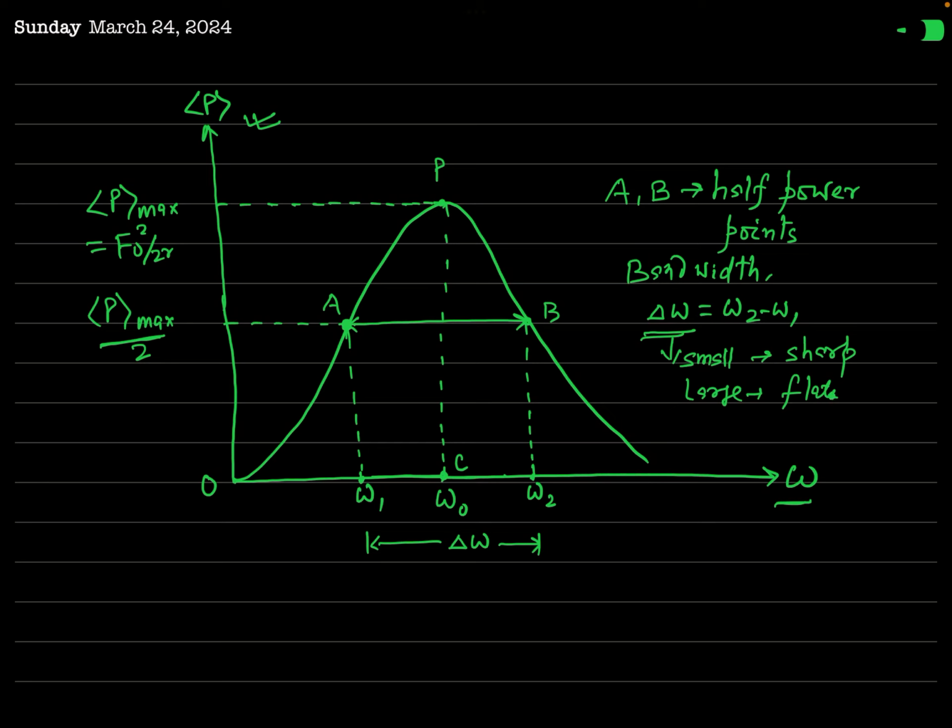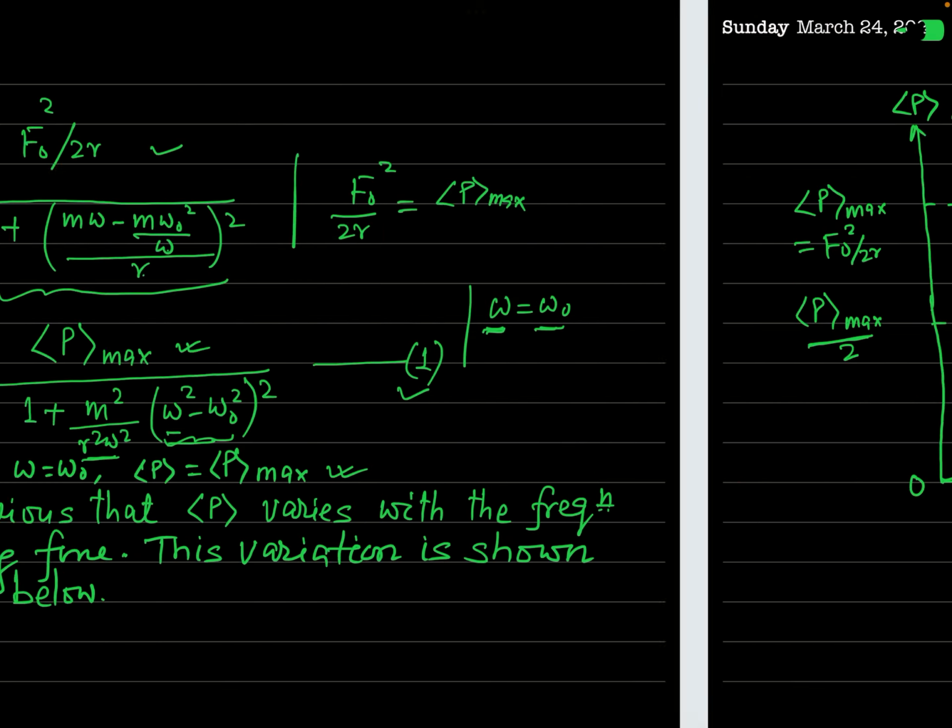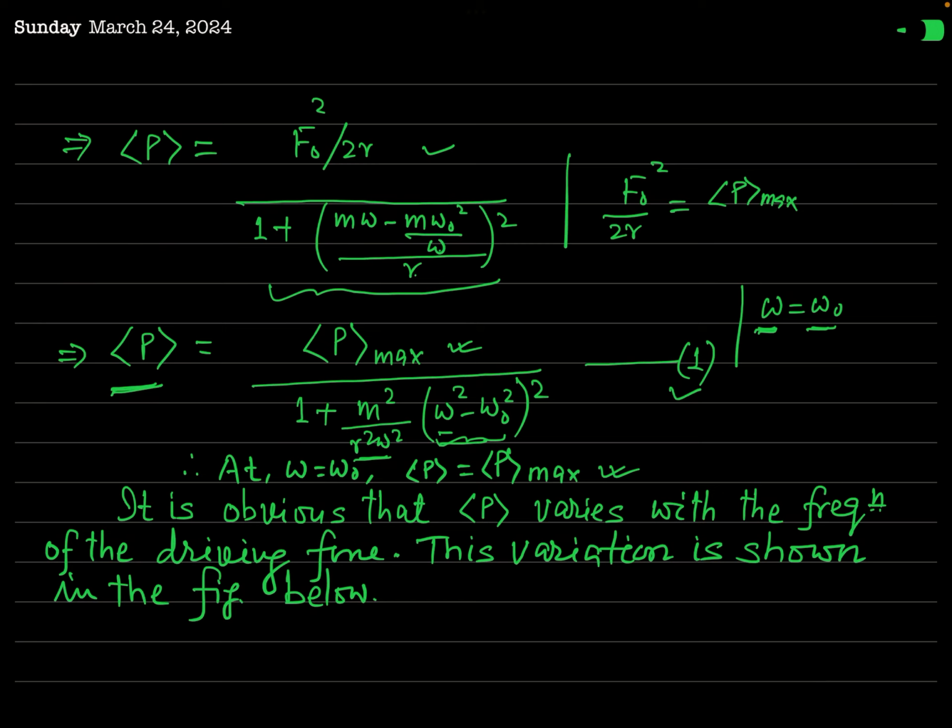So how will we discuss the sharpness? Before doing that, first of all, let us see what the value of this bandwidth will be by substituting the value of power corresponding to the half power point in this expression 1.